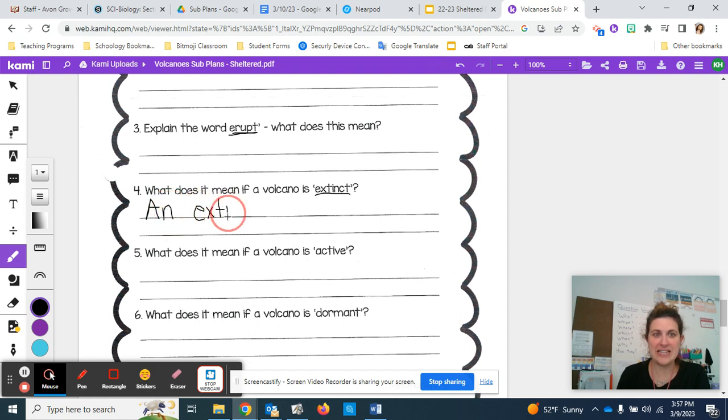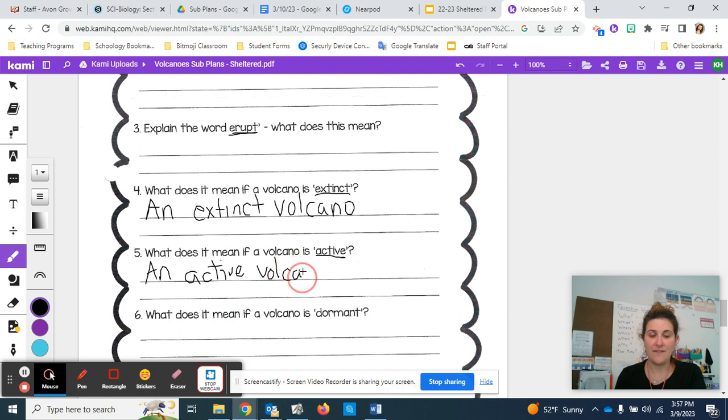An extinct volcano. Continuar con la respuesta. Otra vez, what does it mean if a volcano is active? An active volcano.